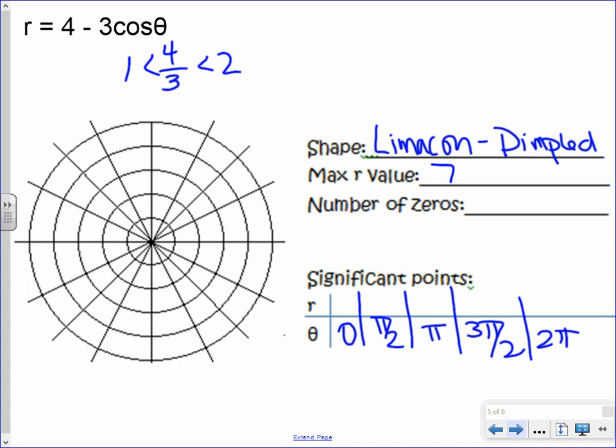Don't draw your shape quite yet. Lots of 5 points.